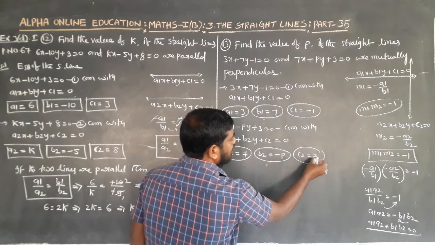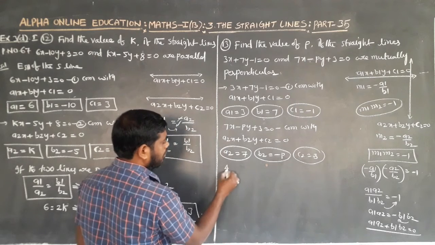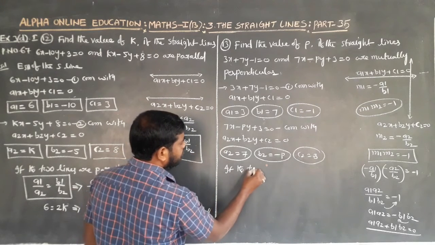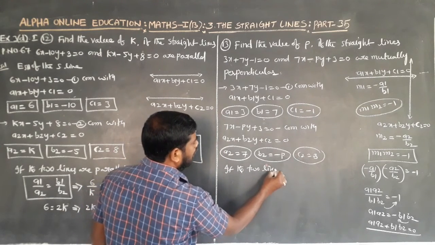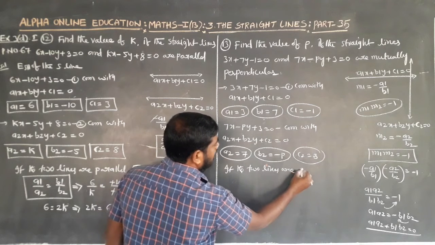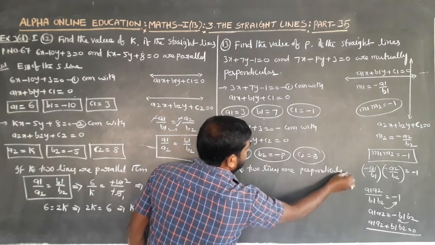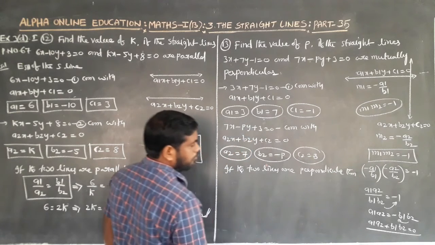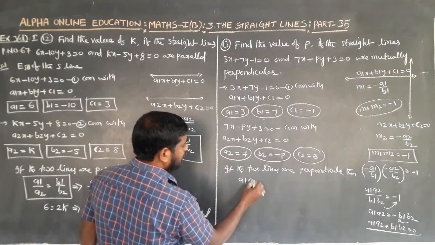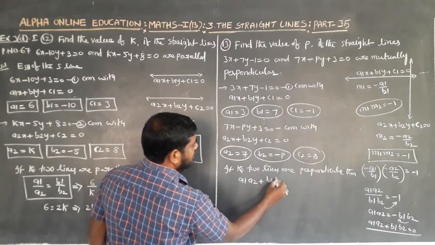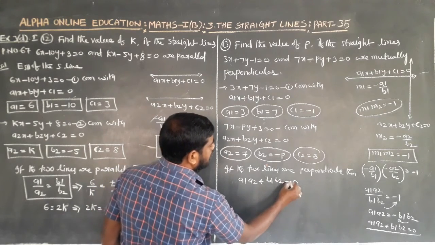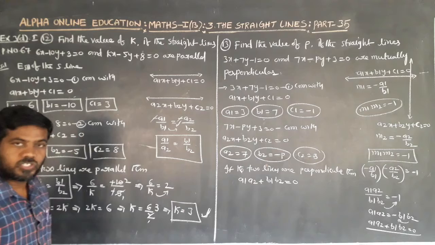Here two lines are perpendicular. If the two lines are perpendicular, then A1 A2 plus B1 B2 is equal to 0.